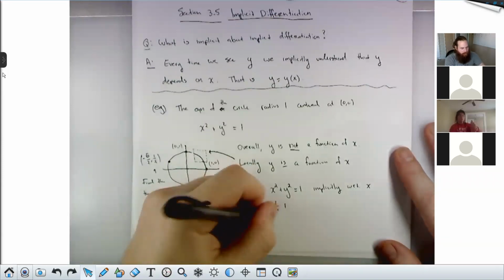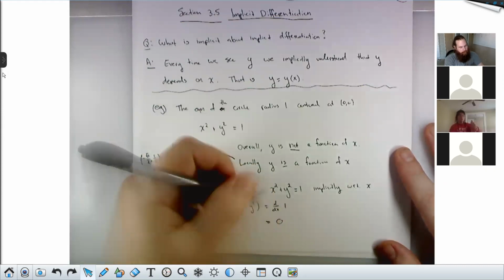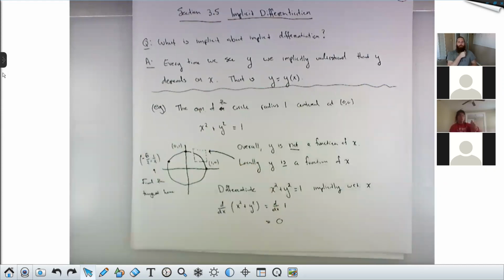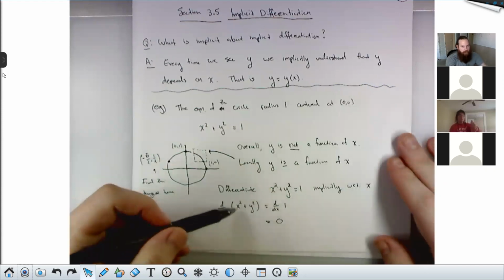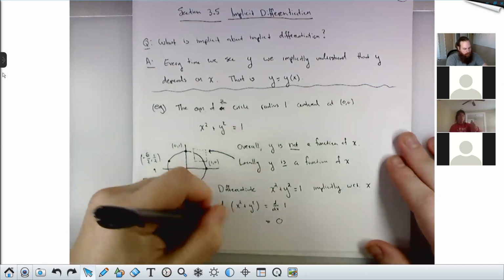I'll do the right-hand side. d/dx of 1, that's 0. What about on the left-hand side? Well, d/dx of x squared, that's not hard. That's 2x.